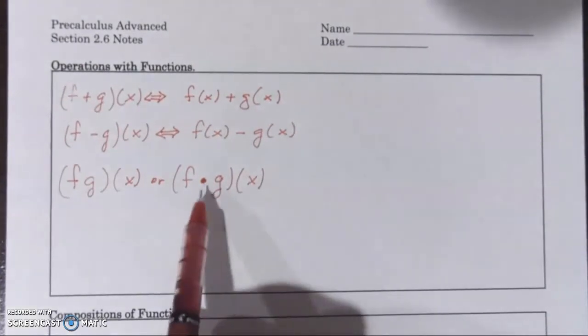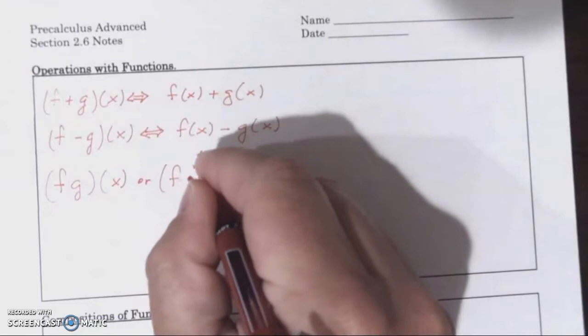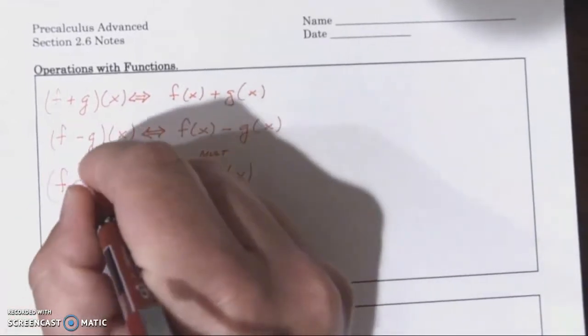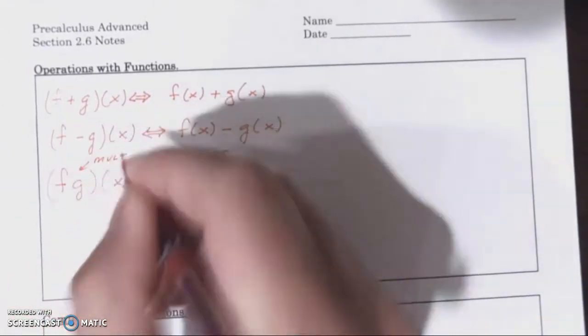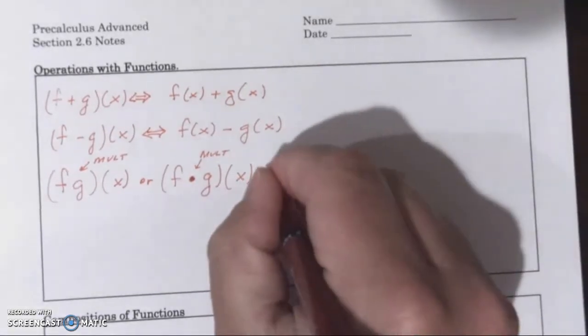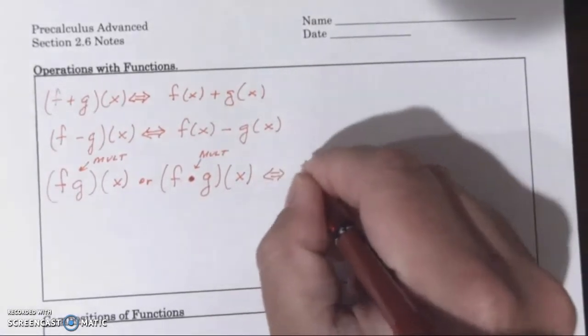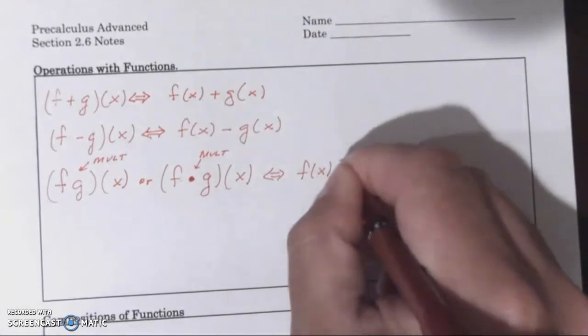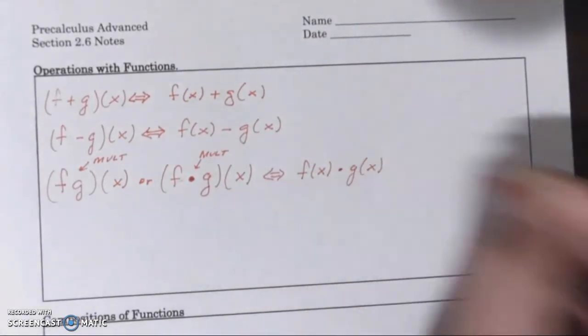Make sure you take note that this is a closed circle, which means multiplication here. This also would mean multiplication, just like when variables are next to each other, or a coefficient and a variable in algebra, that means multiplication. That would be the same as f of x times g of x.